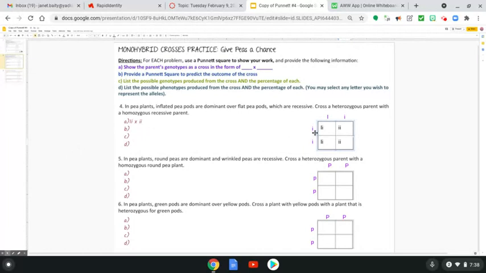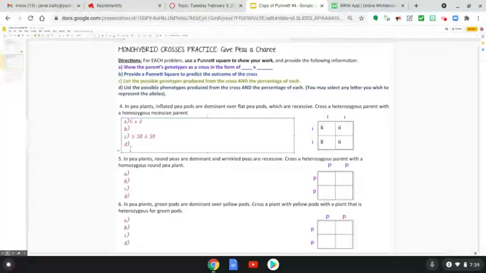All right, cross a heterozygous plant with a homozygous recessive parent. That's what we've done. Our offspring, we're looking at the genotypes. We only have two different genotypes. We have dominant recessive. We have two of those, which makes that 50%. We have recessive recessive. We have two of those, which makes it 50%. Then it talks about the phenotype.